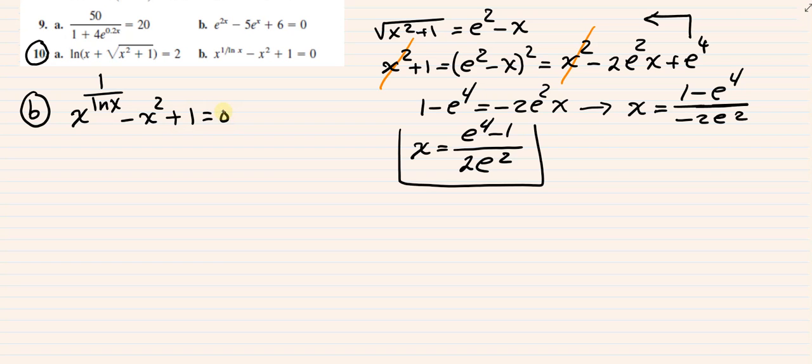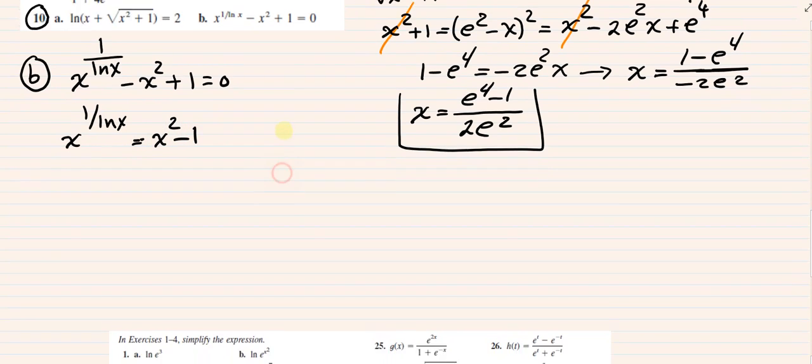Probably the best way is to rewrite it like this. I'm going to keep the term with x to the 1 over ln of x and move the other two terms to the right side.